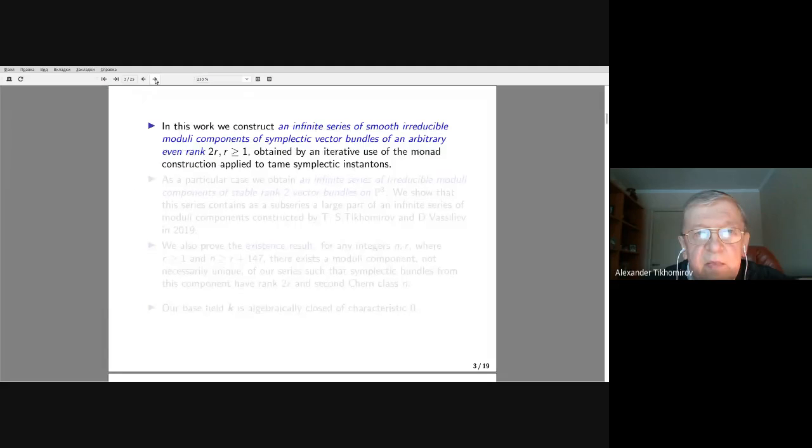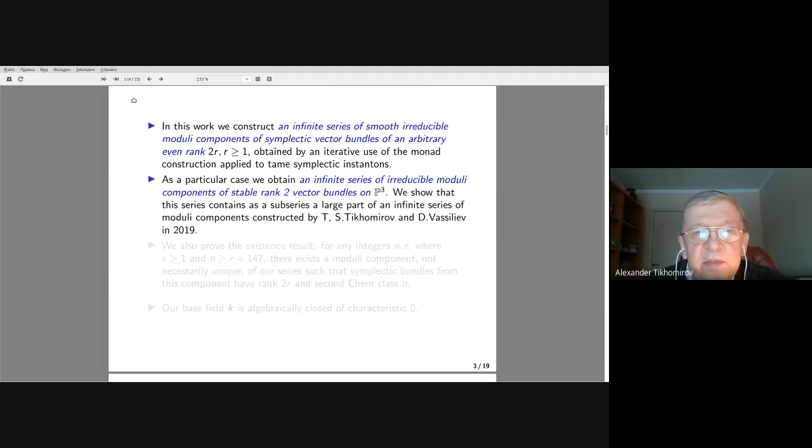And in this work, we will construct an infinite series of smooth irreducible moduli components of symplectic vector bundles of arbitrary even rank, rank 2r with r at least one, obtained by iterative use of the monad construction applied to these tame symplectic instantons. As a particular case, we will obtain an infinite series of irreducible moduli components of stable rank 2 vector bundles on P3.